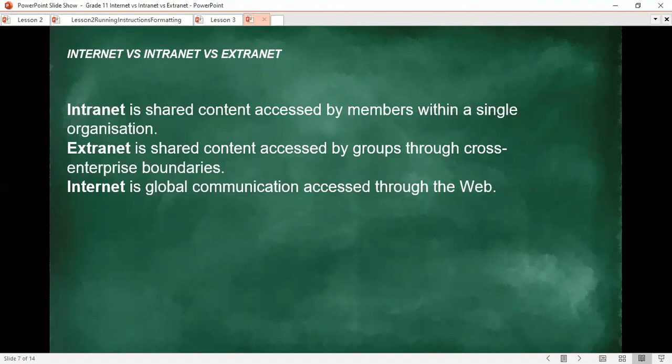An intranet is shared content accessed by members within a single organization, which means that when we talk about an intranet, we're talking about a network that is shared only by members of a single organization.